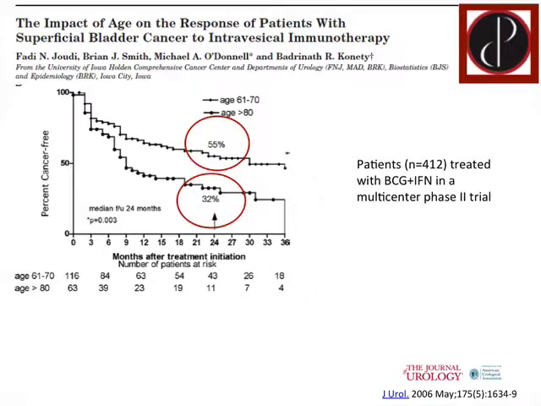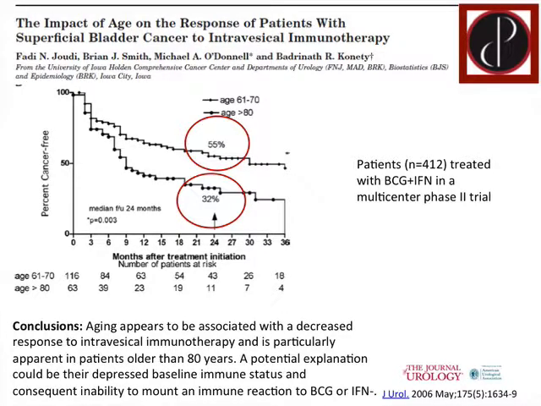Interestingly, they found a difference in response rate between the group of patients at the age of 61 to 70 as opposed to patients at the age of 80, and they concluded that aging appears to be associated with decreased response to intravesical therapy, especially in patients at the age of 80 and more. The potential explanation by them is that it could be because of depressed baseline immune status or inability to mount an immune response to intravesical therapy.